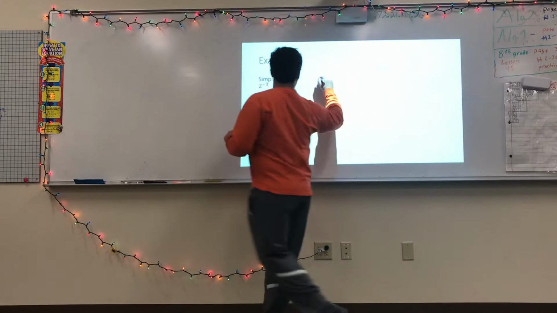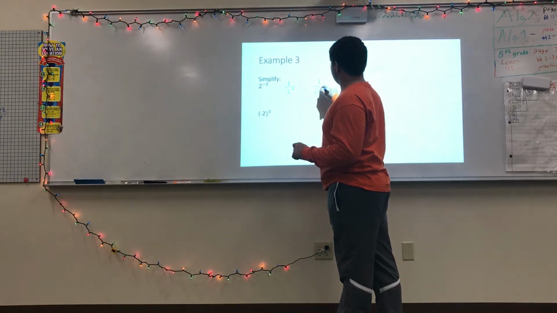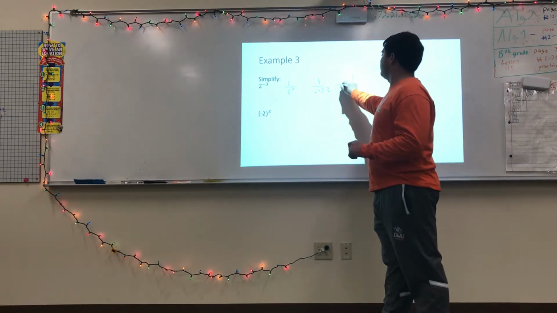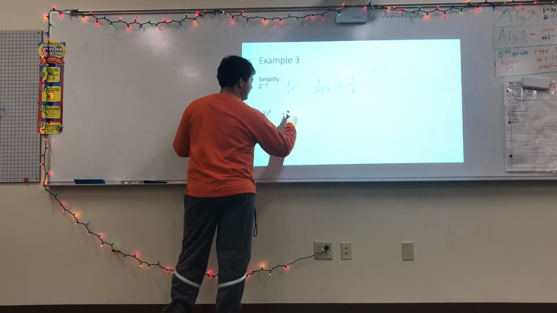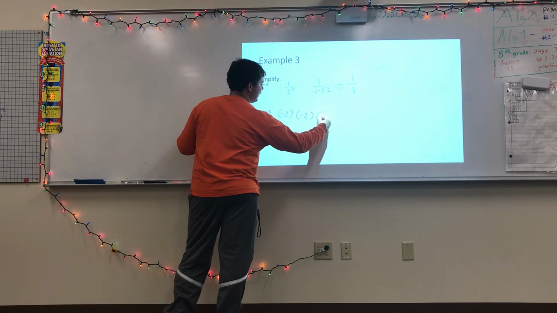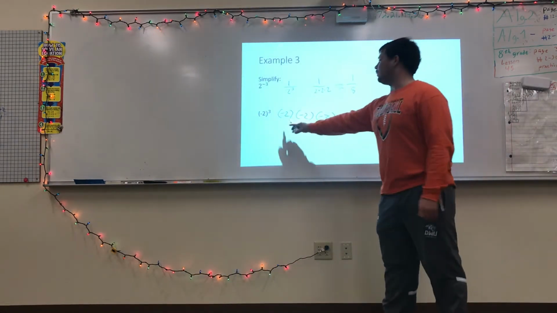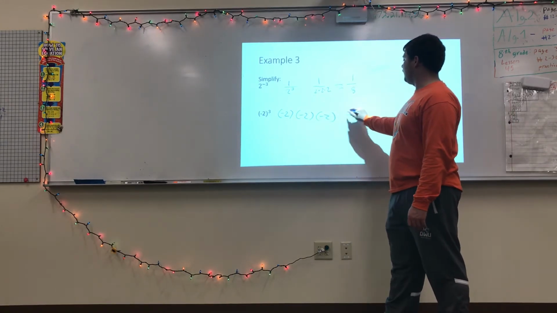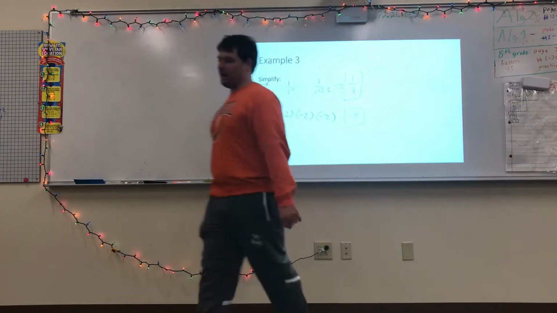So really we have 1 divided by 2 times 2 times 2, which is 1 over 8. Here we have -2 times -2 times -2. When we multiply, we get a positive 4, times a -2 again, we're going to get -8. That is my other option.